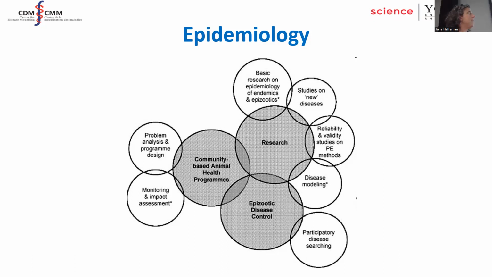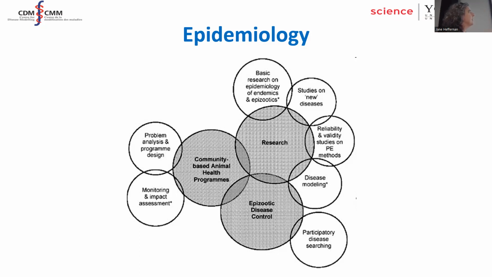Going from mostly, I do immunology studies, looking at the multi-level studies of within the cell to the body, to between bodies, to populations, the feedback in between, looking at the connections between animals and humans and insects, all these things. And so I would say that this disease modeling circle should actually be bigger than this entire Venn diagram, and that the rest of the diagram should be inside it.